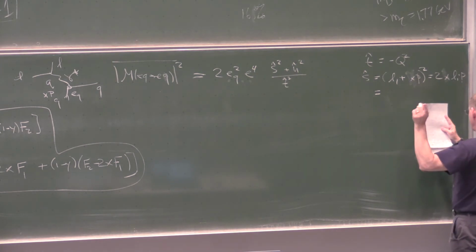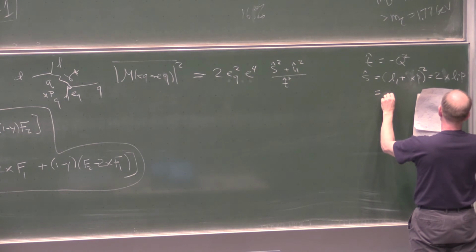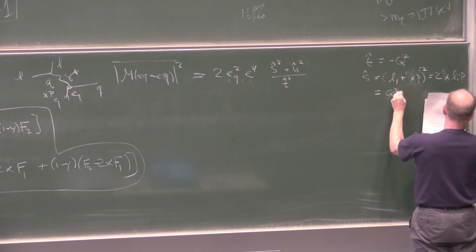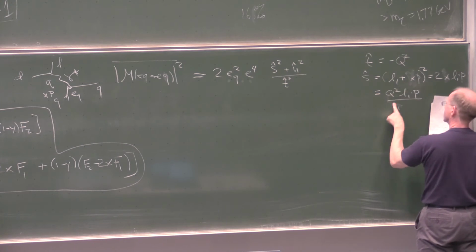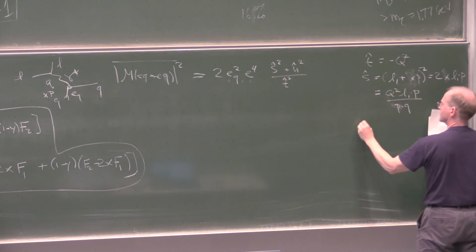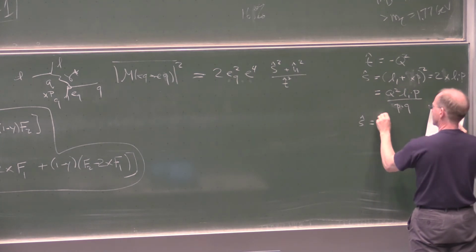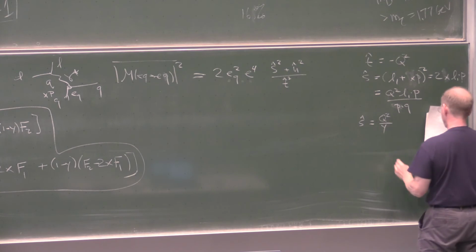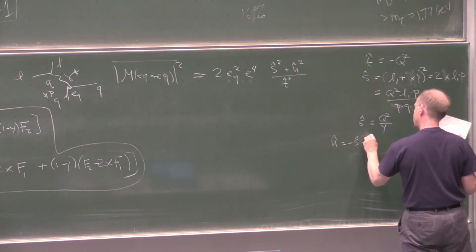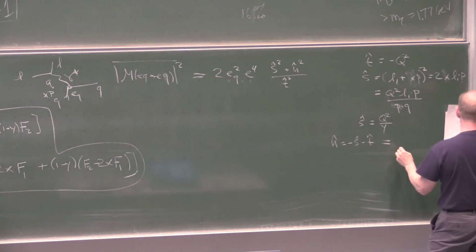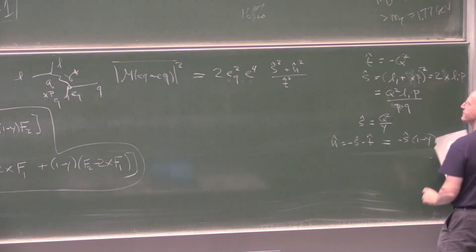And using the relations for x, this can be rewritten as q squared L1 dot p over p dot q. So then s hat, looking up there, is something like q squared over y. And u hat is minus s hat minus t hat. And that works out to be minus s hat times 1 minus y.